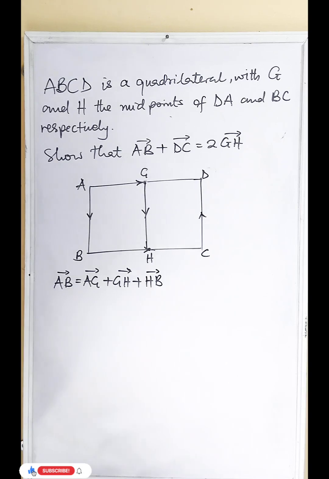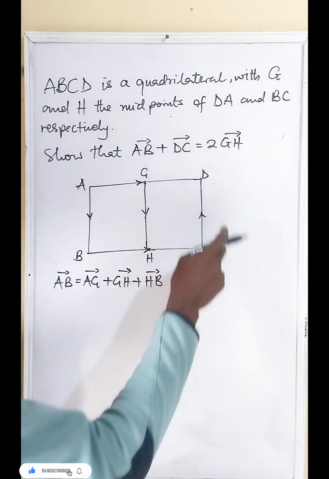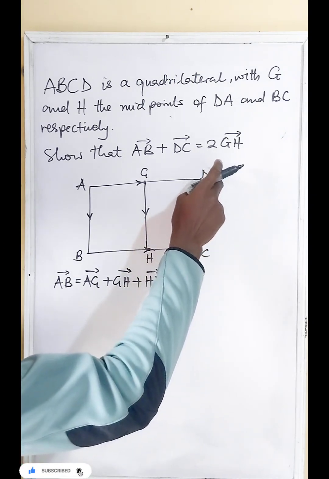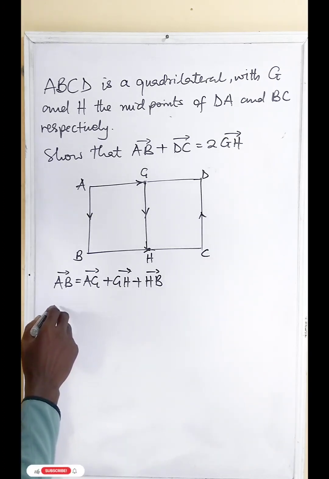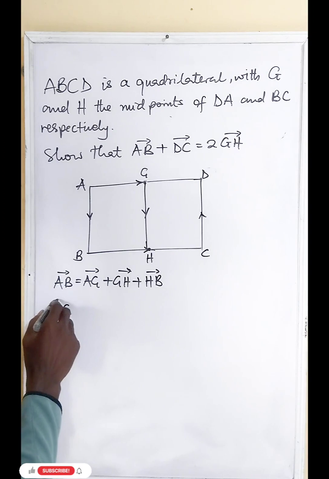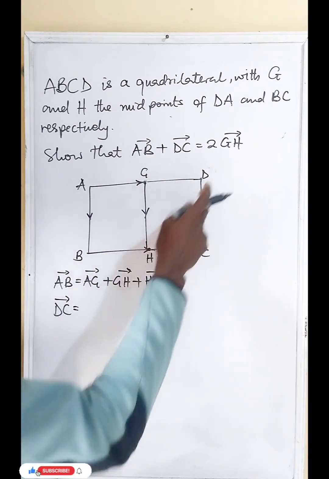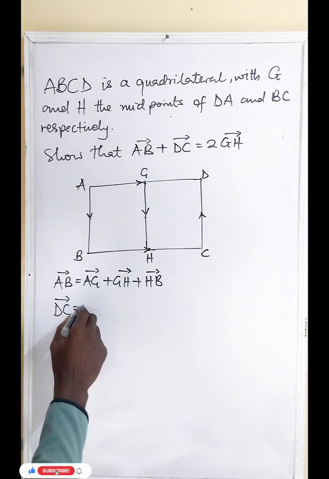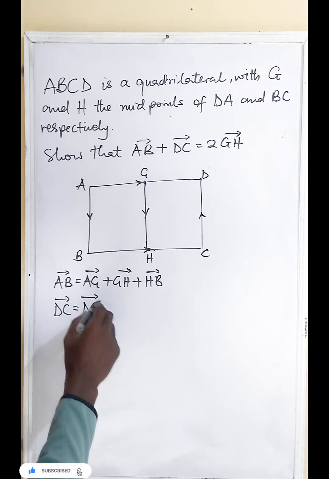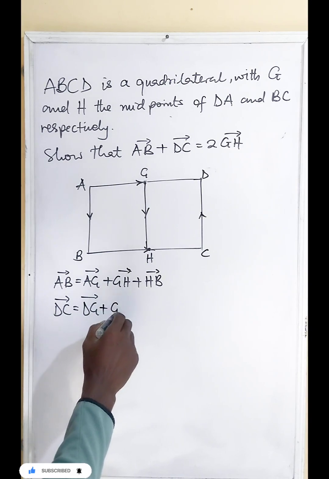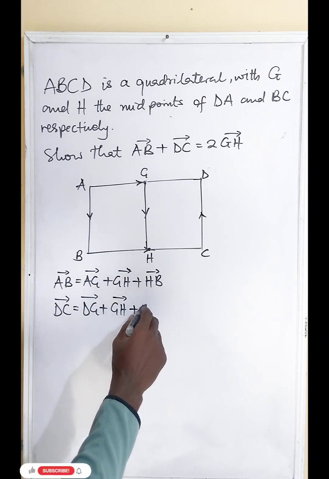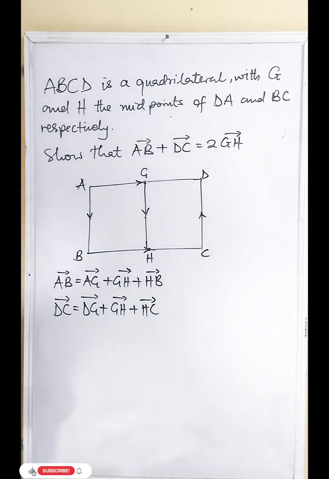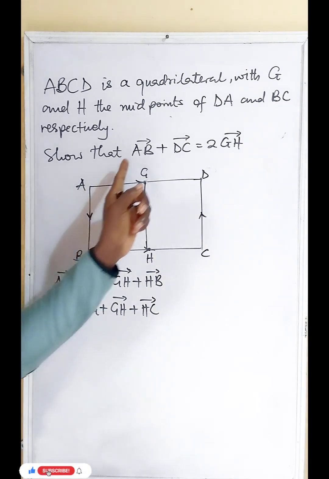Now for DC, to travel from D to C, you have DG plus GH plus HC.